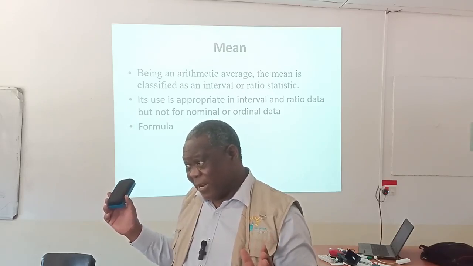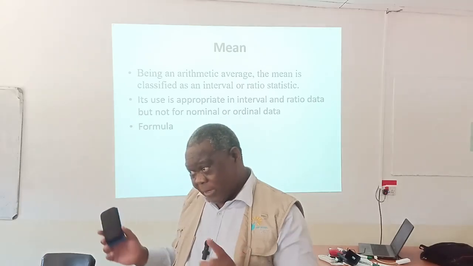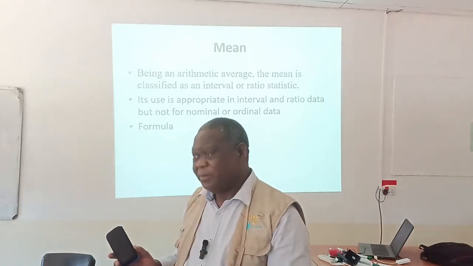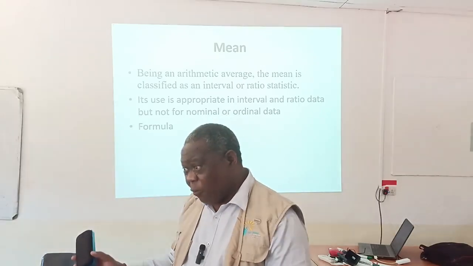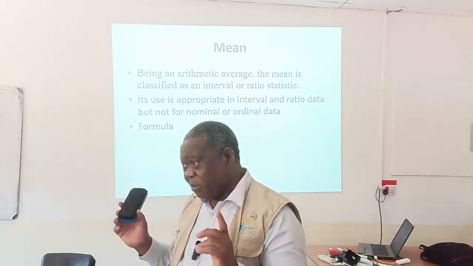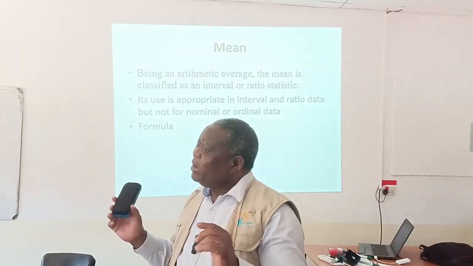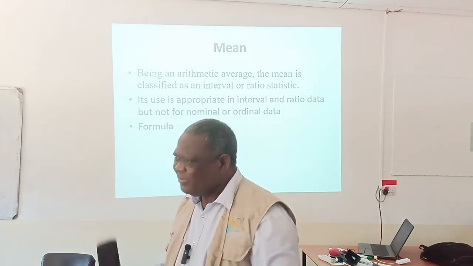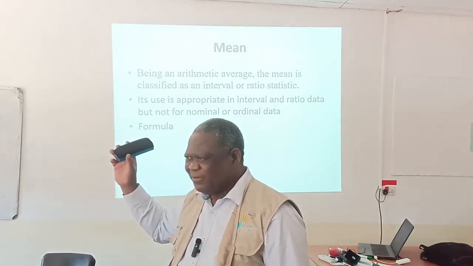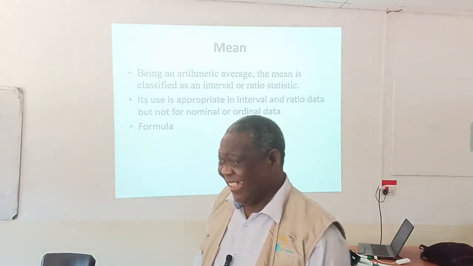Interval data does not have a true 0 point. So the multiplications are only convenient in terms of the measuring instrument. But the measurement of the actual attribute of heat, we are lying. Okay?